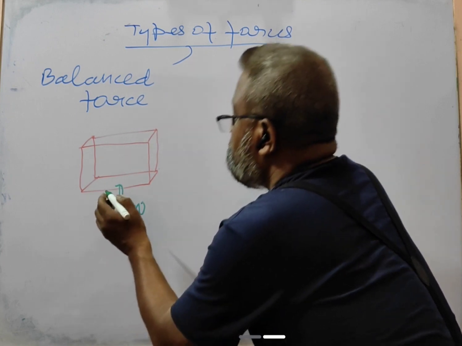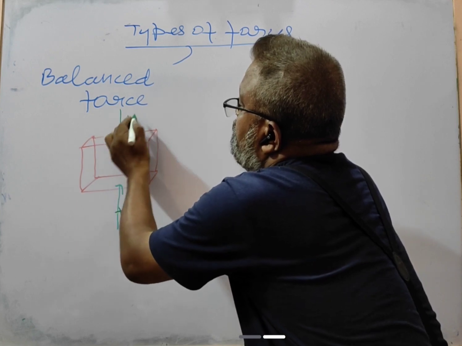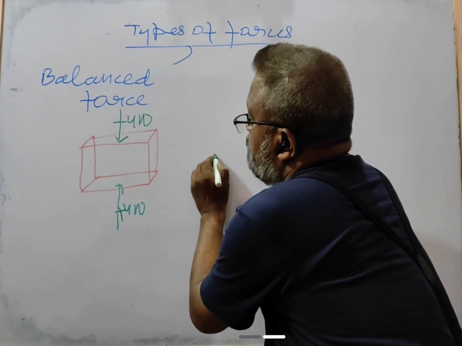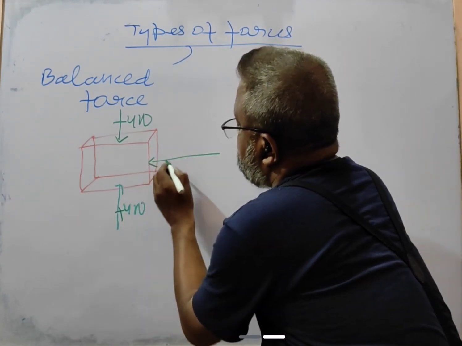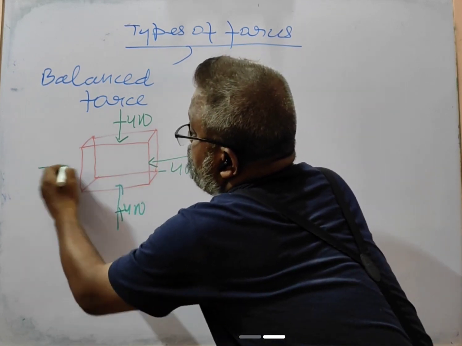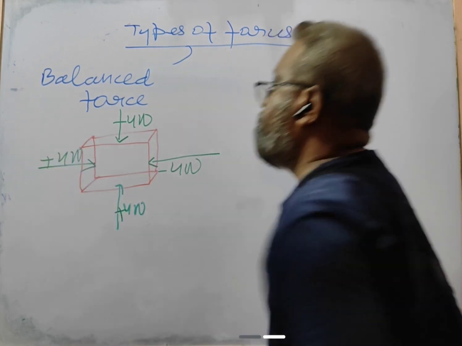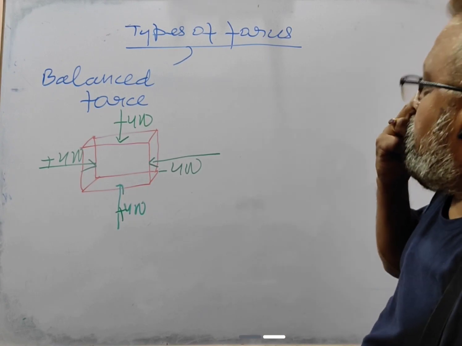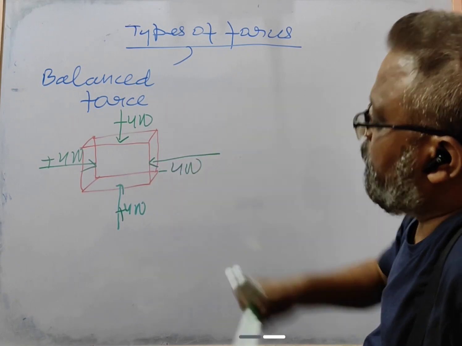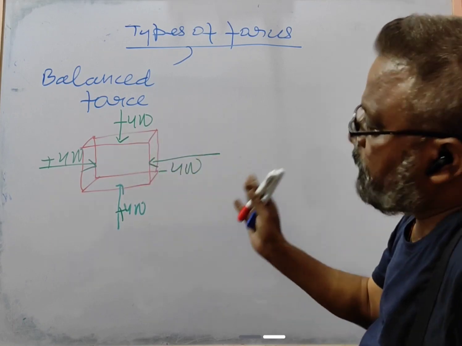And this is 4 Newton in downward direction, so it is negative, right? And 4 Newton is towards left, so it is negative, and 4 Newton towards right, so positive, right? So as force is a vector quantity, direction is also required, right? It is upwards, downwards, left, right, like this.